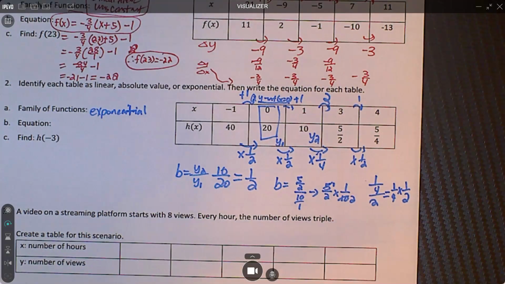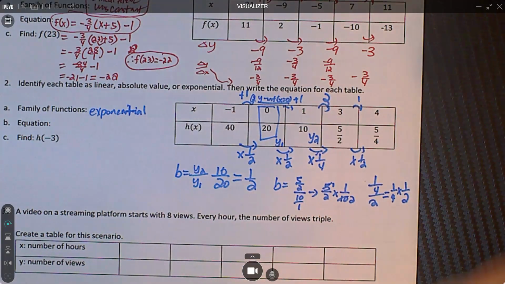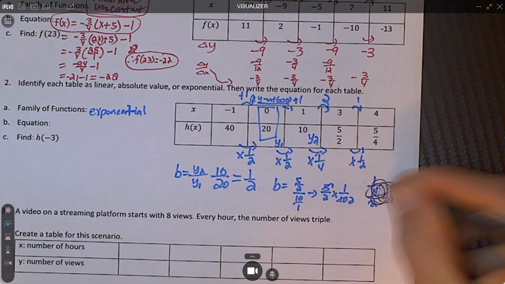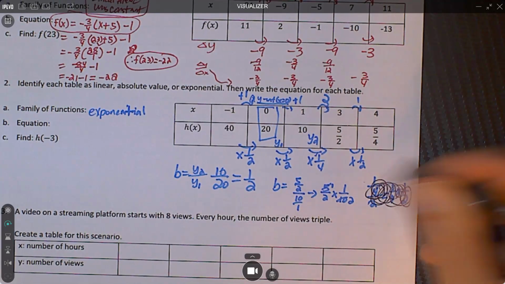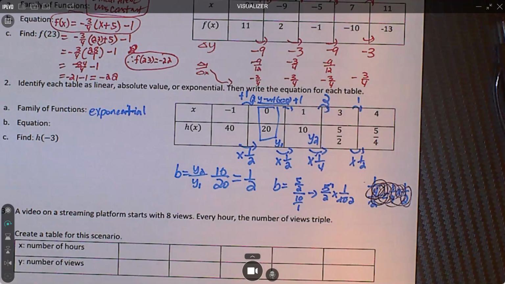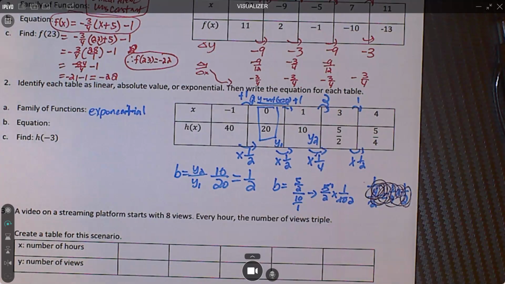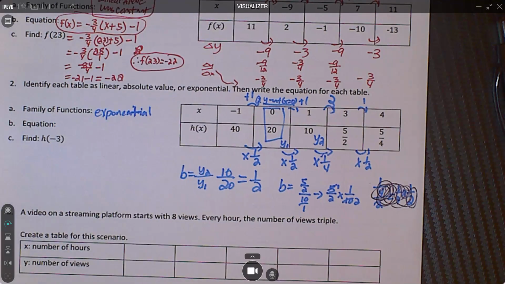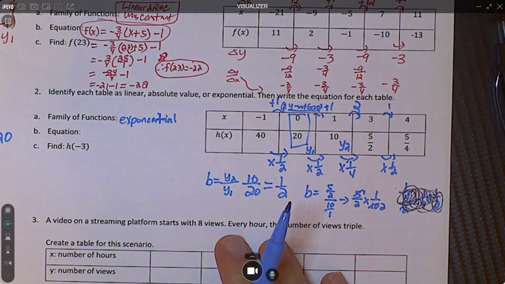You don't do that, no. Yeah, that makes sense. 1/2 times 1/2. Yeah, 1/2 times 1, 1/2 times 1. This is exponential.